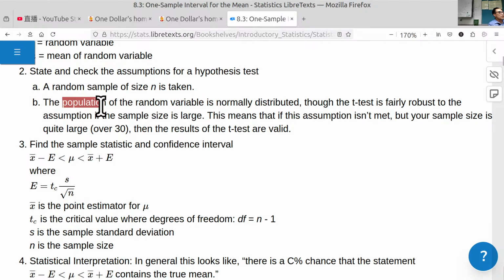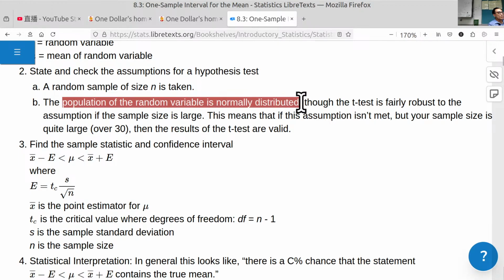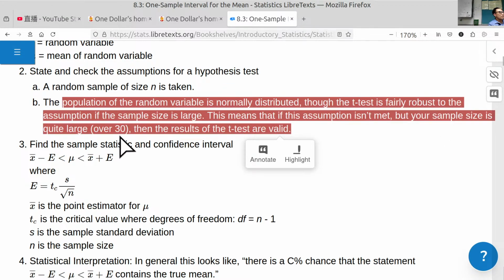Second, the population of the random variable is normally distributed, though the t-test is fairly robust to this assumption if the sample size is large. This means that if the assumption isn't met, but your sample size is quite large, over 30, then the results of the t-test are valid.